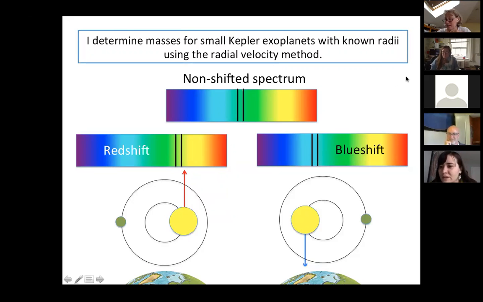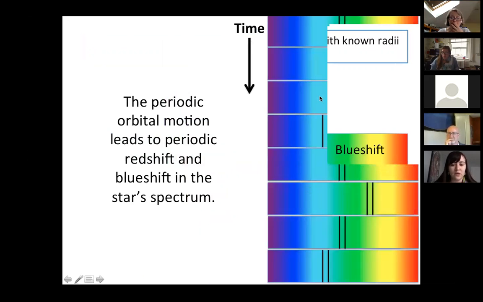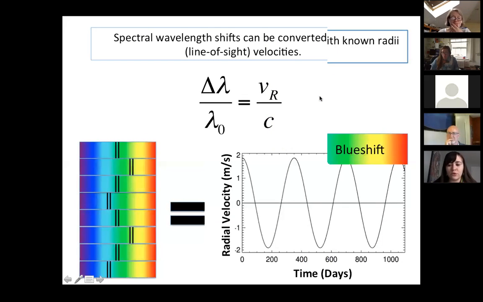I saw here, Jim asked how we account for non-circular orbits. The data does actually tell us if the orbit is highly elliptical. Whereas with a circular orbit you see this nice, beautiful sine curve, you start to get some really strange, odd shapes, where maybe the star spends a really long time at a very low velocity, so it's not changing very much.